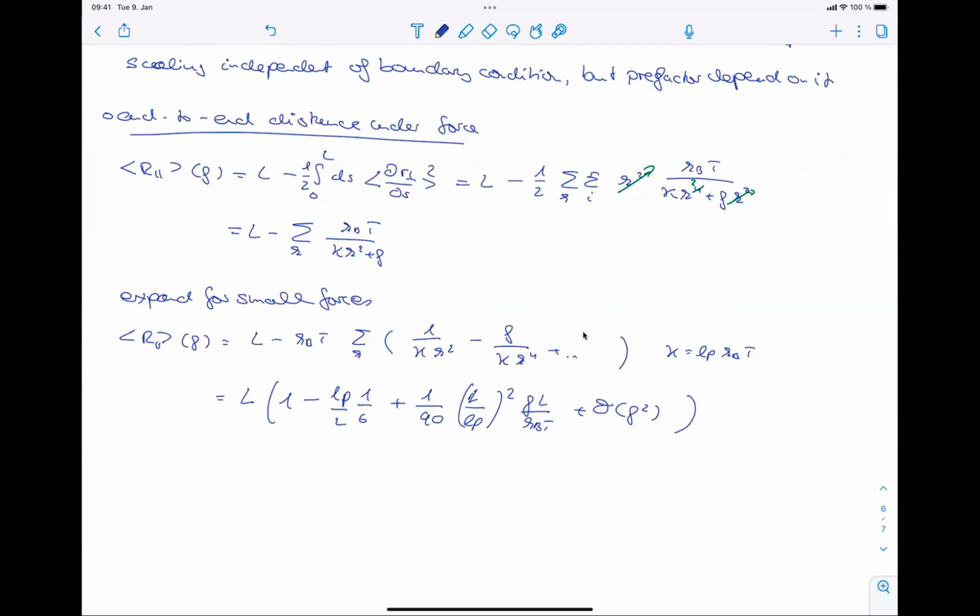Obviously for small forces, don't take this positive term too seriously, because obviously the end-to-end distance can't be longer than the total length of the polymer, but it tells us about the meaning.